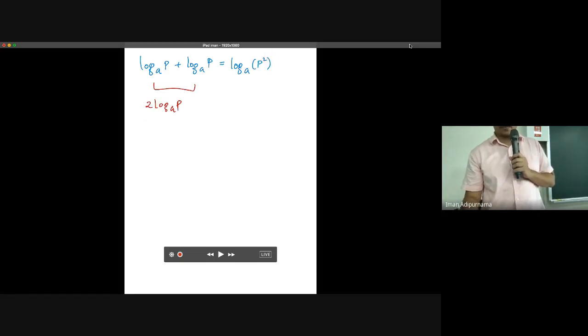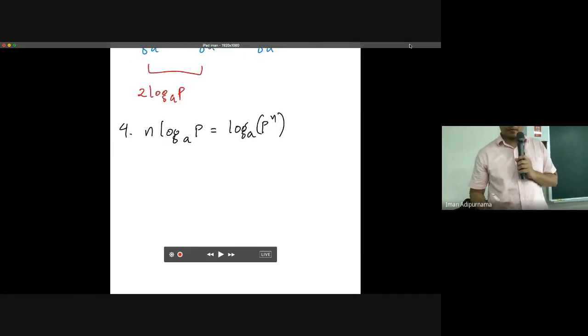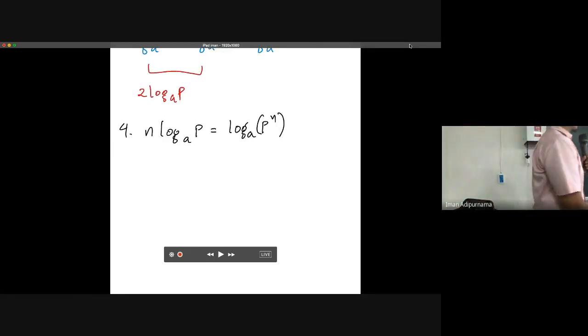So if you have some number n as an index, you can move that n to the front. Okay, so if you have log of x squared, then the 2 you can move to the front, like this n.